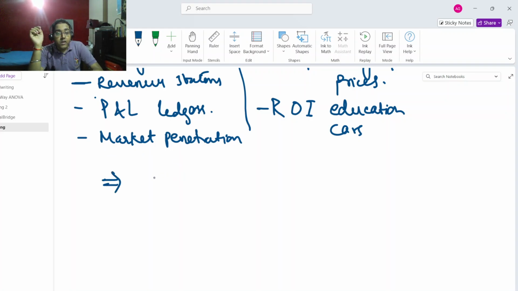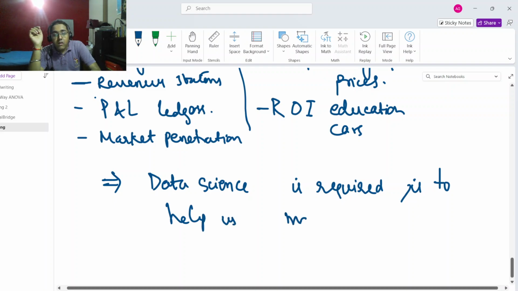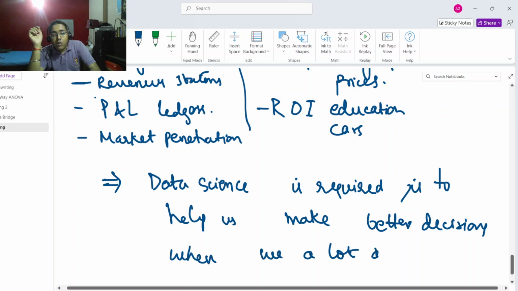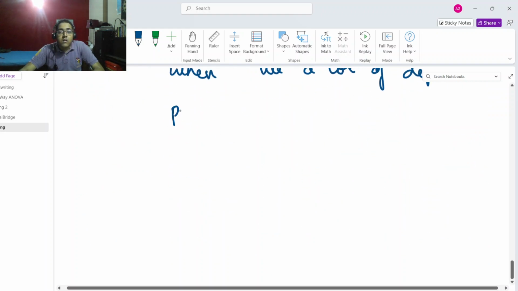So data science is required to help us make better decisions when we have a lot of dependent parameters to decide from.